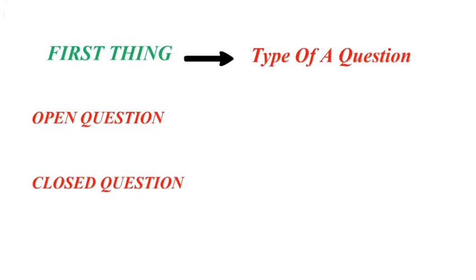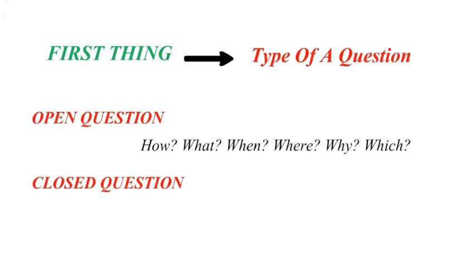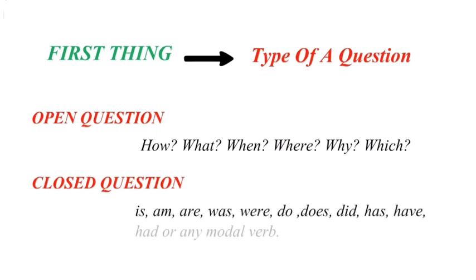If it's an open question, it will start with a question word: how, what, when, where, why, which. Or it can be a closed question, that means it will start with a helping verb, as in is, am, are, was, were, do, does, did, has, have, had, or any modal verb. And its answer would be either yes or no.